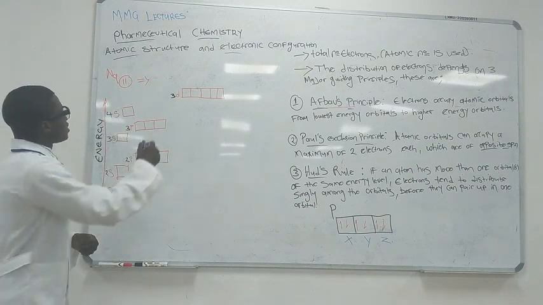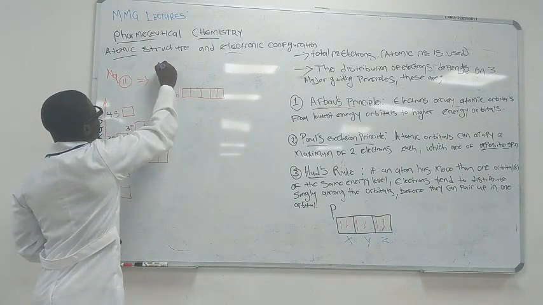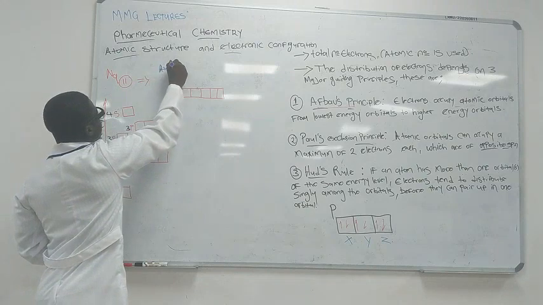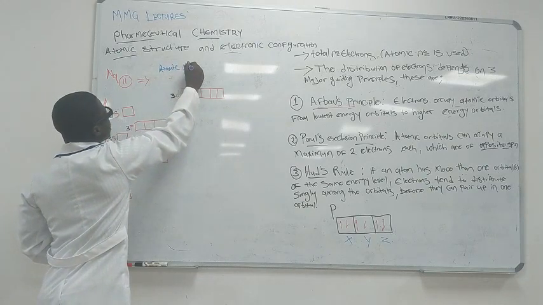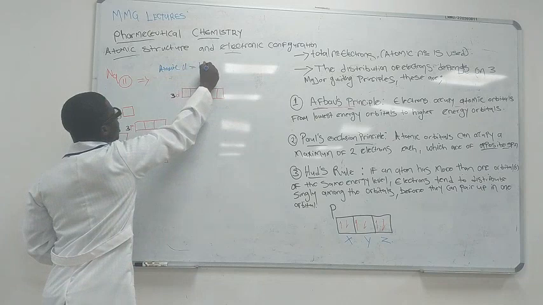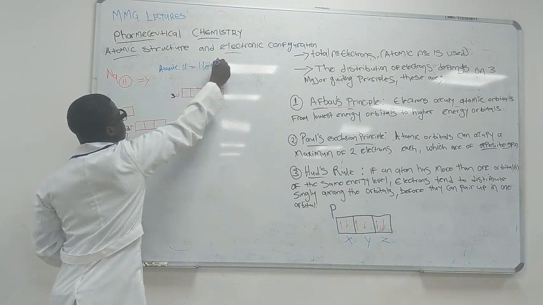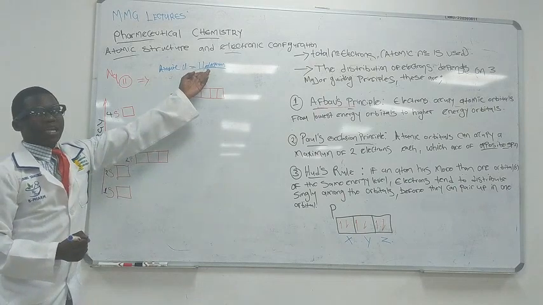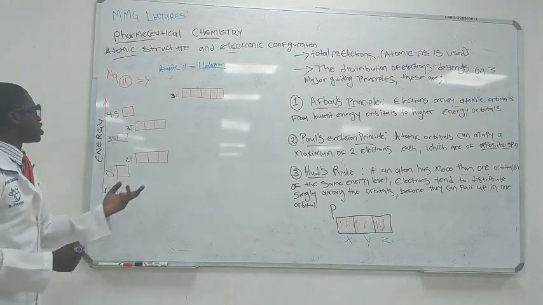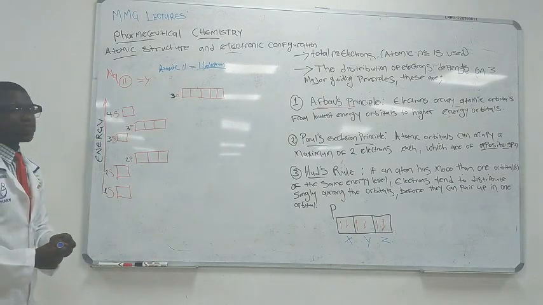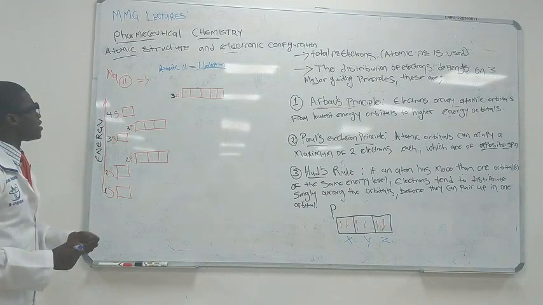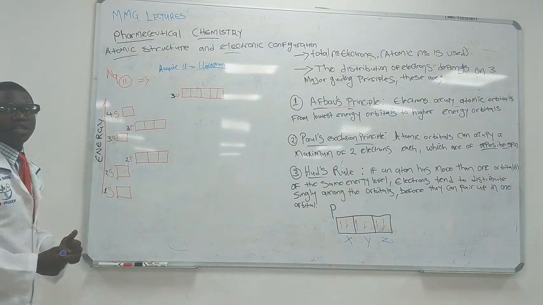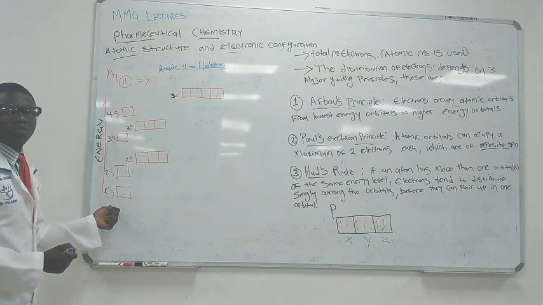Atomic number of 11 suggests that this atom has a total number of 11 electrons. And electrons are the principle we use in deducing electronic configuration. So we will therefore start by filling these 11 electrons into the various orbitals.